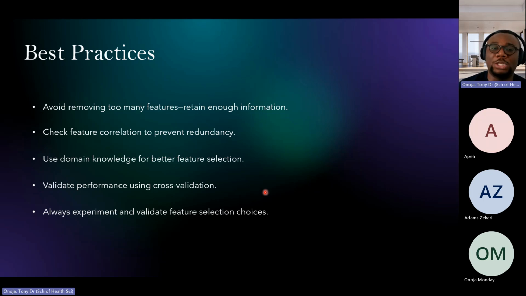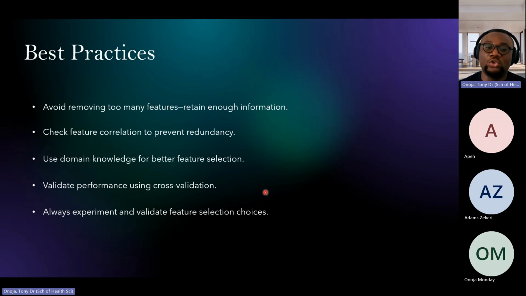Make sure it is really features that are redundant that you are doing away with. Check feature correlation to prevent redundancy. Like I said, feature correlation really helps you, especially when you visualize it on a heat map. You could easily see how the multicollinearities are happening. And when you notice it, you can go in and say, okay, these features are competing with each other, can we do something about it?